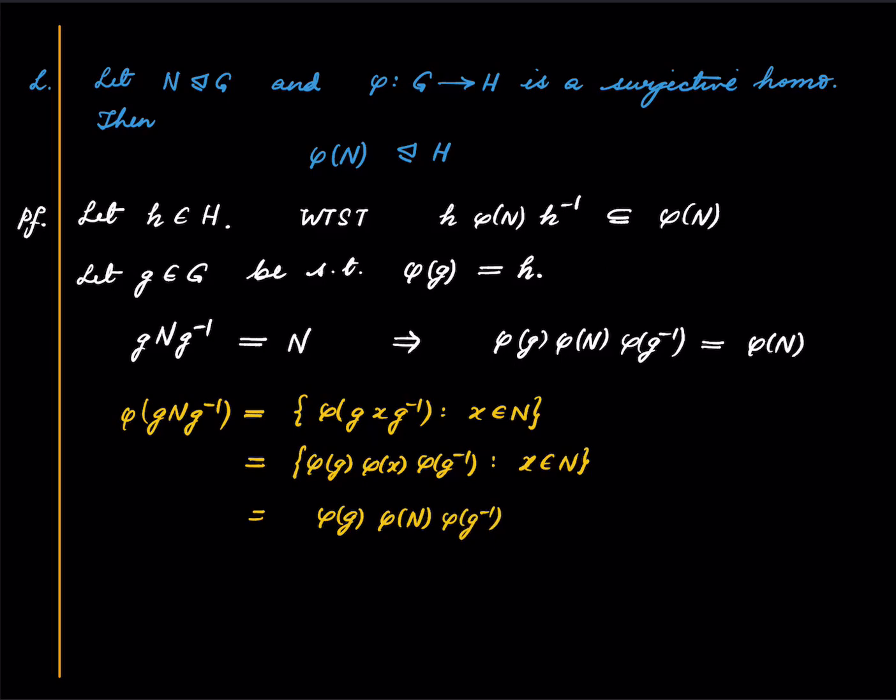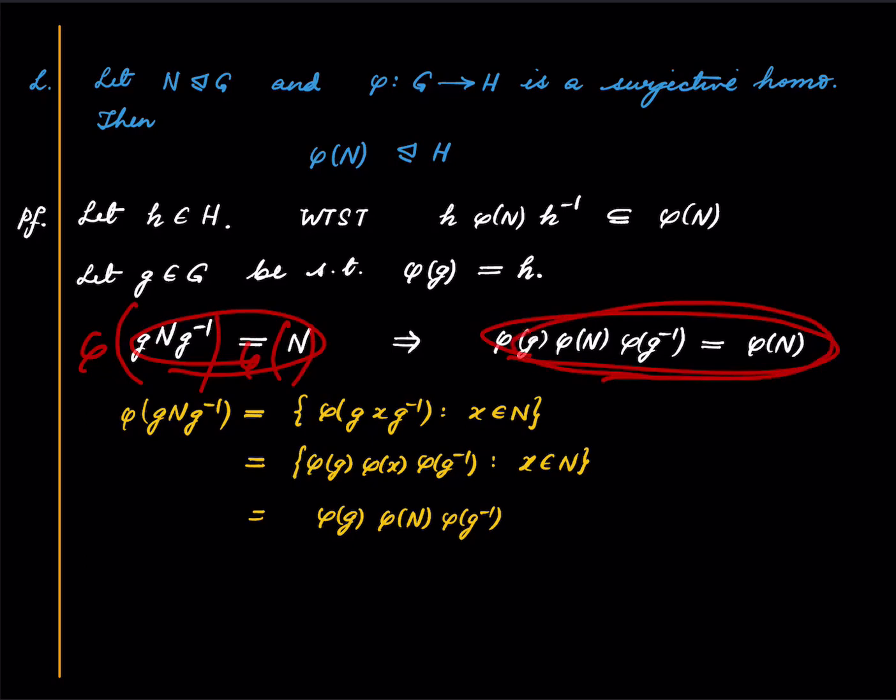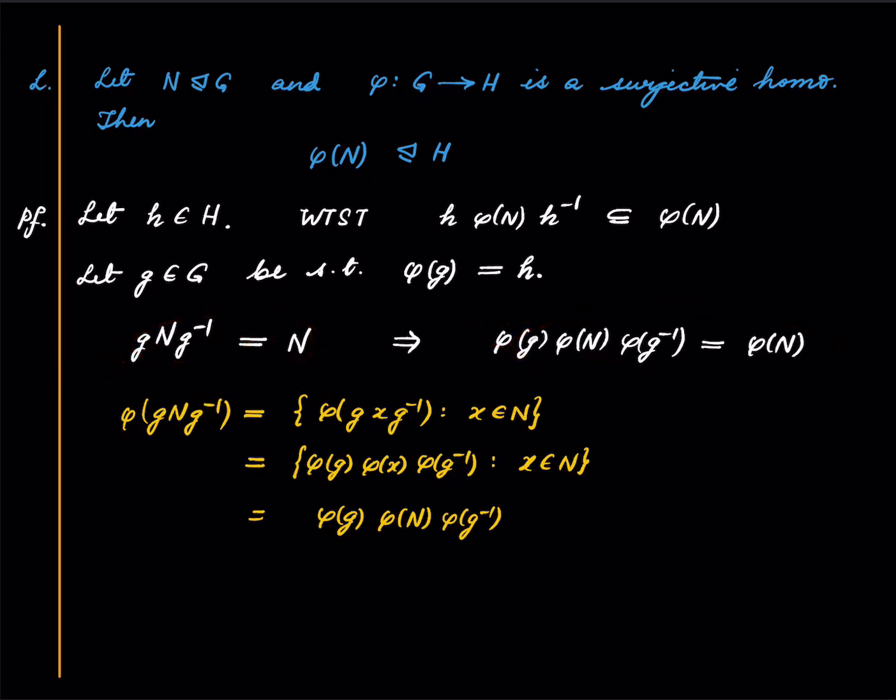So that's what we did. From here to get there, we just applied phi on both sides. We can take the inverse outside, just some properties of group homomorphisms that we proved. And therefore, what is the left hand side now? The left hand side is nothing but h phi(N) h inverse. All right, so this proves that phi(N) is normal. So we use surjectivity to find a little g. Otherwise, this wouldn't be true.